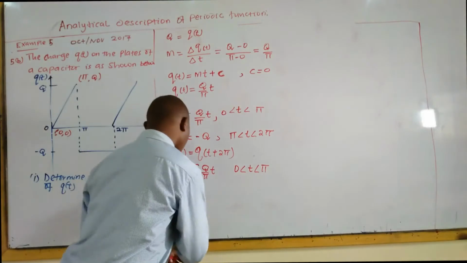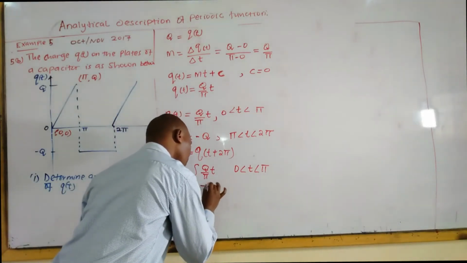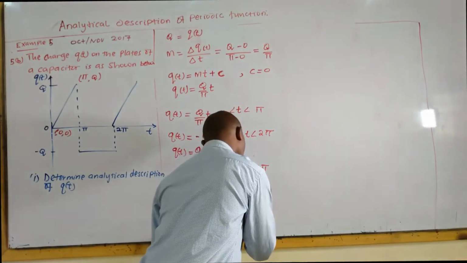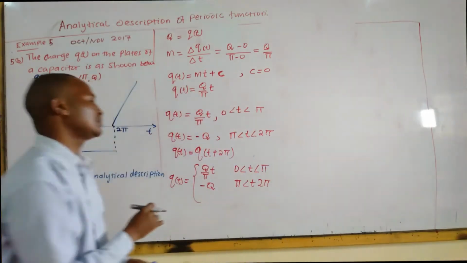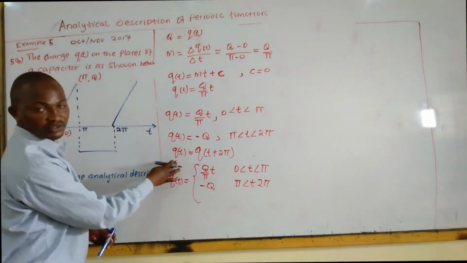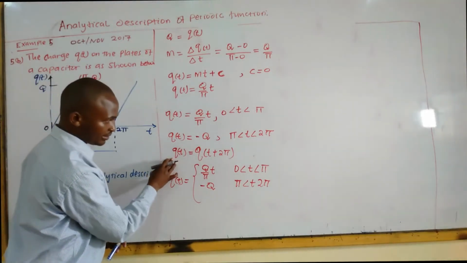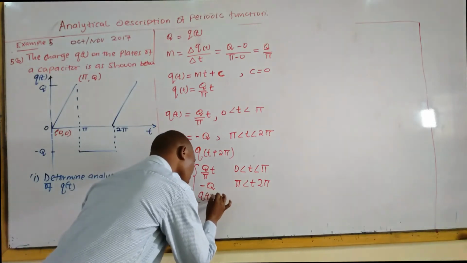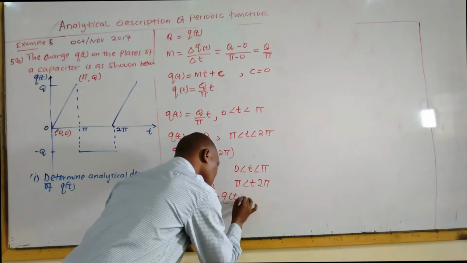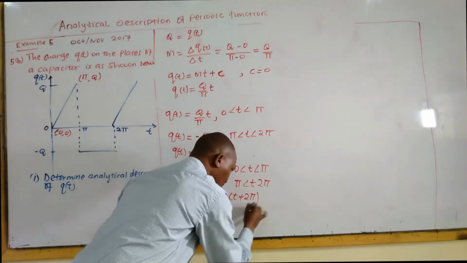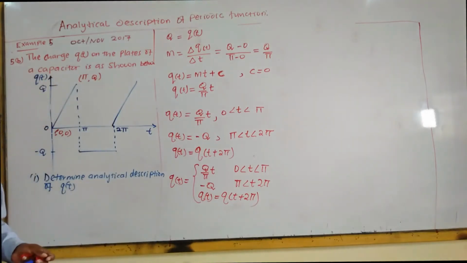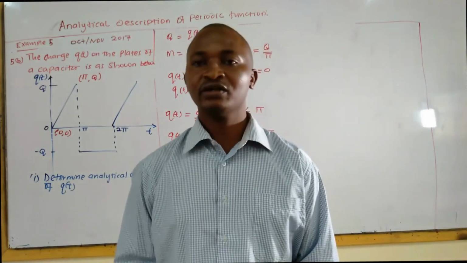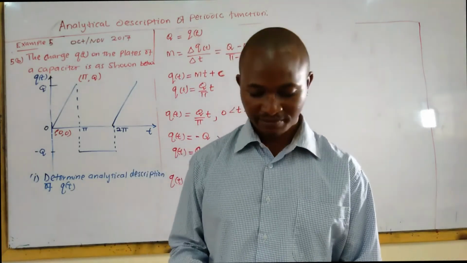The next one, Q of t is equal to negative Q for t lies between pi and 2 pi. And finally, this one only tells us the periodicity. Q of t is periodic with 2 pi. So that's how you would have done the analytical description of that function in the exam.